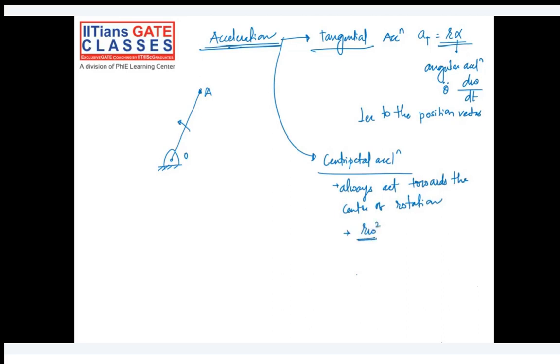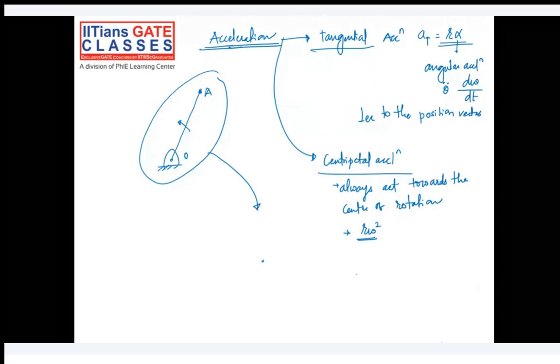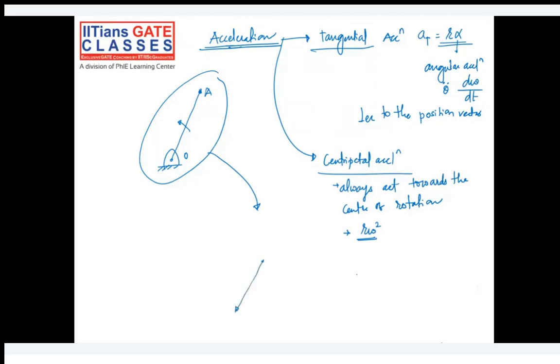Then the resultant of it is the total acceleration. They are perpendicular to each other. The total acceleration is the square root of the sum of squares of tangential and centripetal acceleration. So this is how you can calculate the total acceleration in case of a turning link.